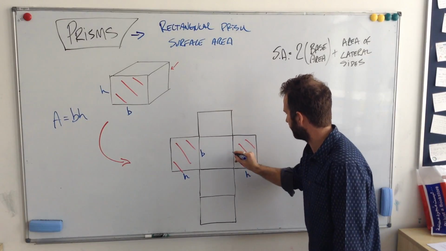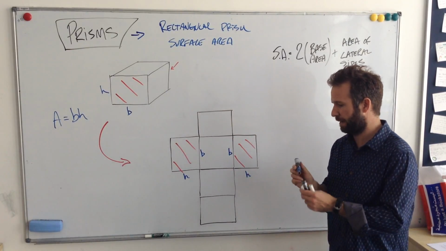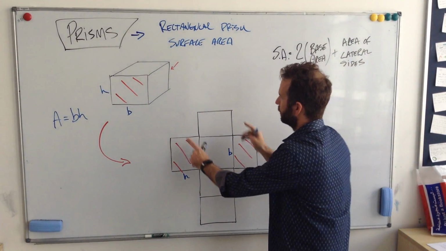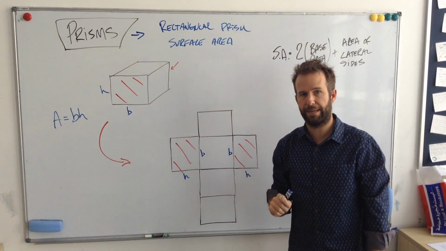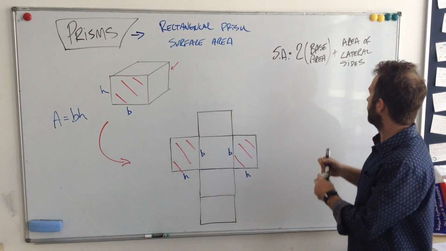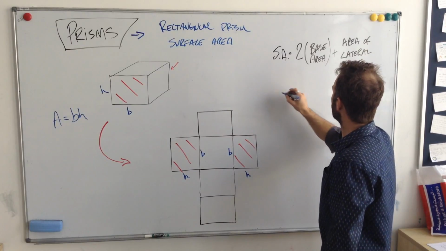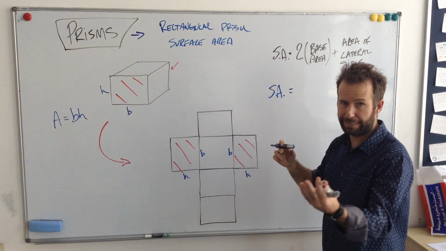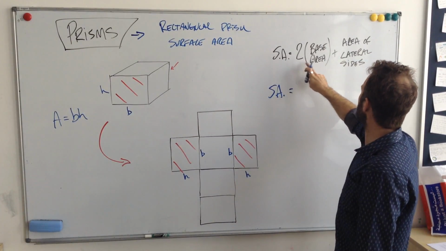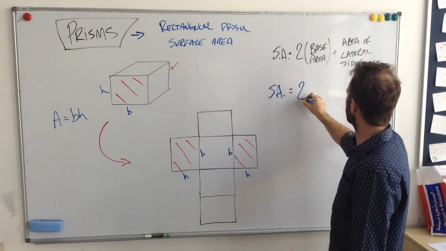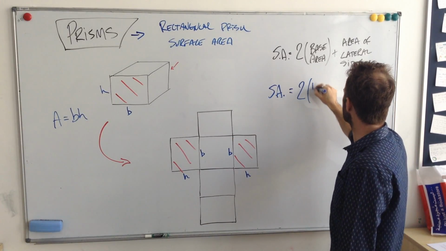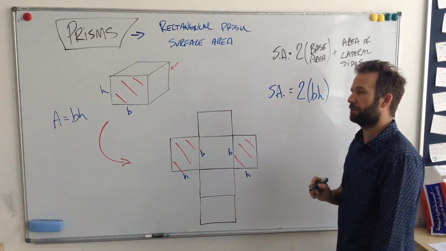Of course, that's the other one, so we would have that situation. Okay? So these two representing those two sides there. So if we get that, we've got a surface area, SA, is going to be equal to 2 times the base area. So in other words, 2 times base times height, just like that.